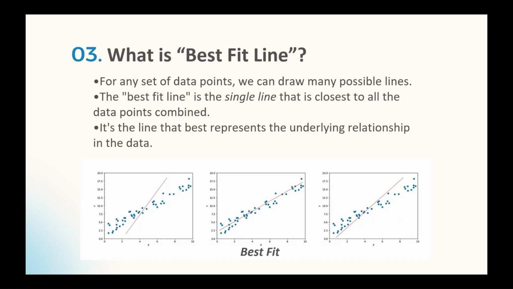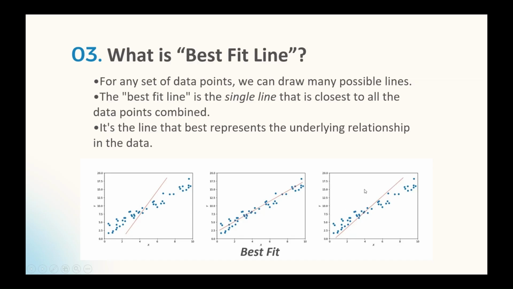So we need to find a line. But what does best fit actually mean? If you look at this slide, you can see a scatter plot of data points. For any set of points, we can draw an infinite number of possible lines. Look at these three graphs given below. The line on the left is a pretty bad fit.